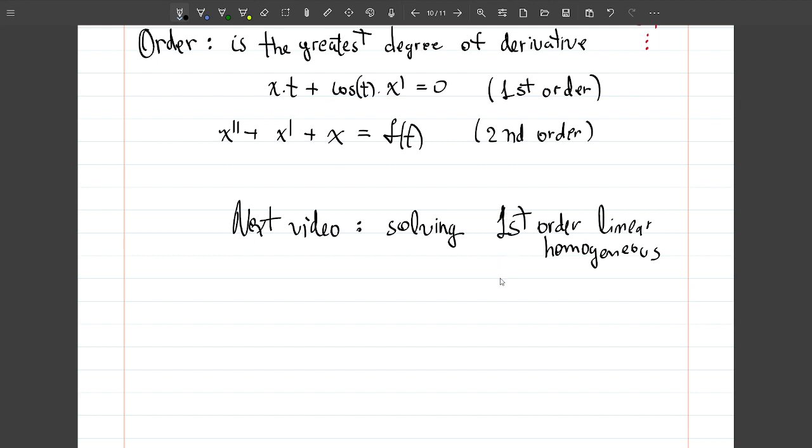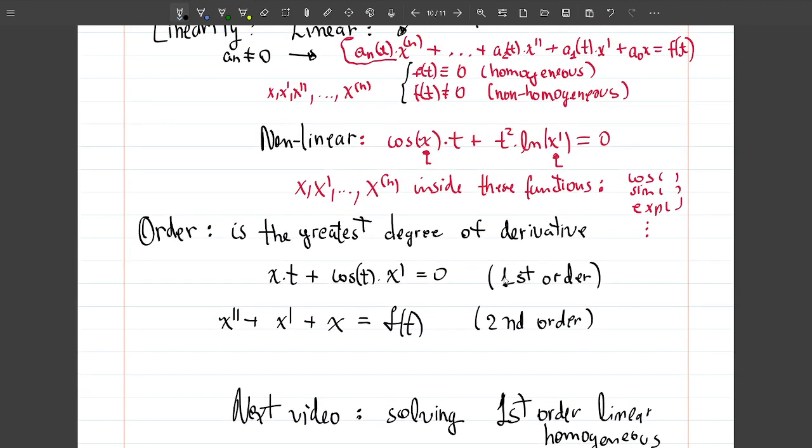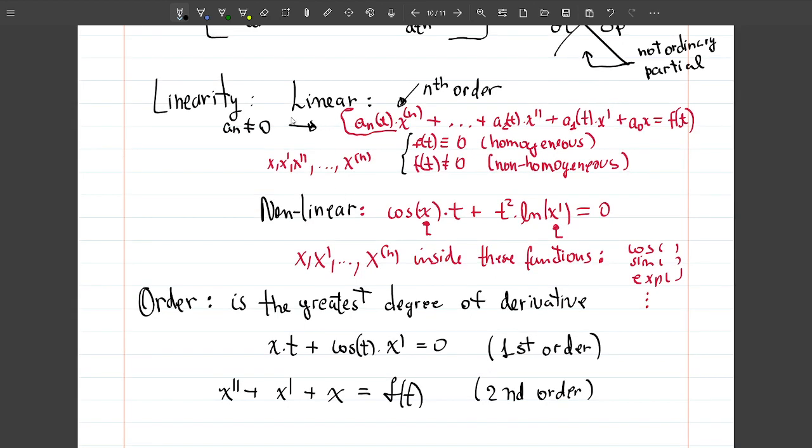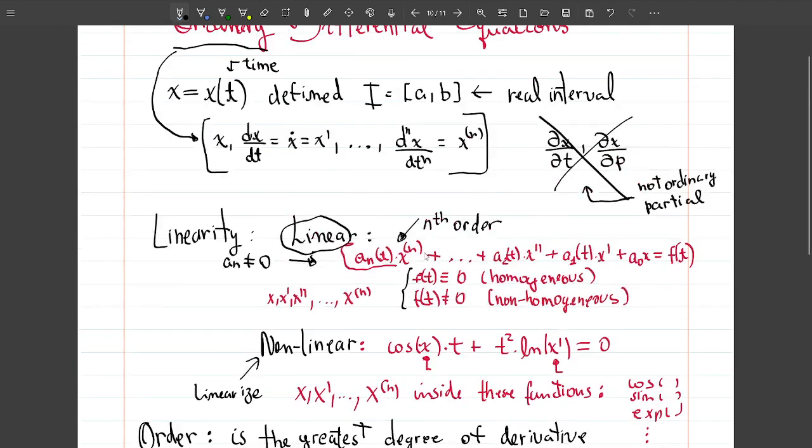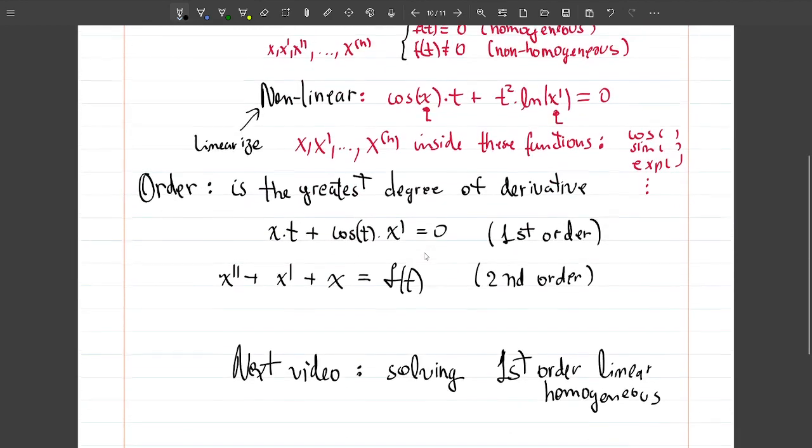Then I go to greater orders, second order maybe. And then I guess all the equations we will study will be linear equations. We don't care about nonlinear equations. We'll probably use some methods to linearize those equations and solve for a smaller interval. That's it. See you next time.